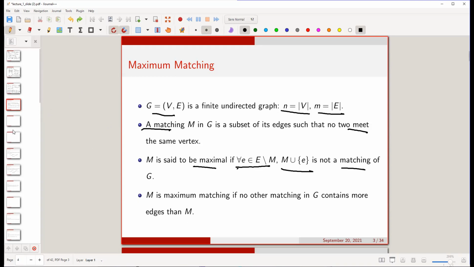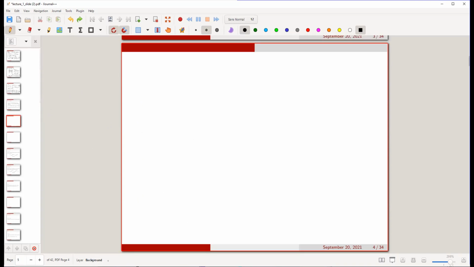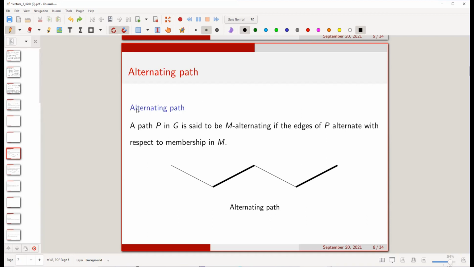For that, we are going to need to know some notions. The first one is called an alternating path. So what is an alternating path?